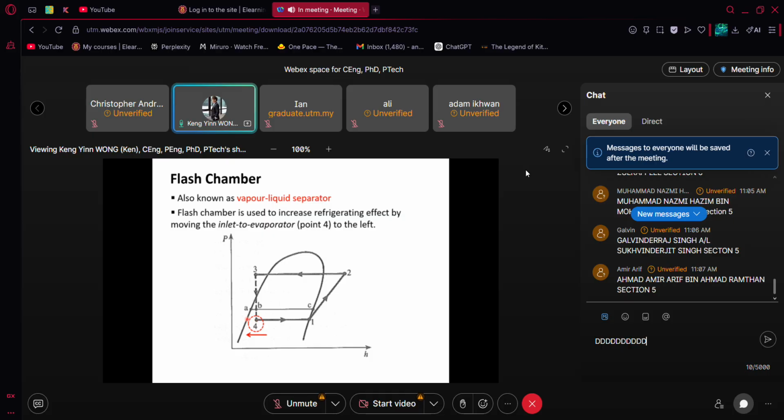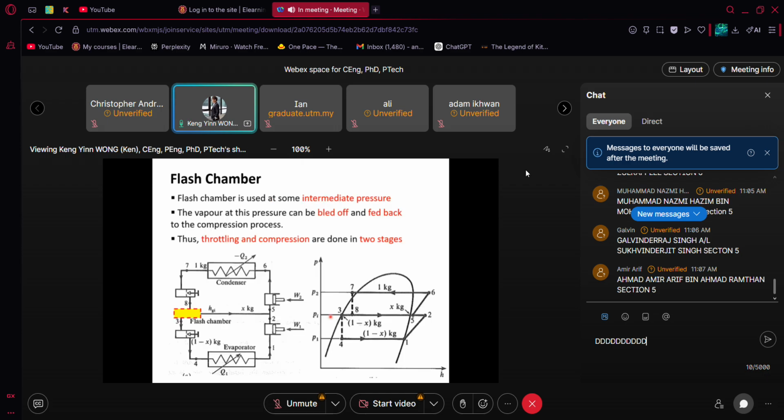When it moves to the left, the refrigerating effect increases. You can see here, the yellow one is the flash chamber. If without the flash chamber, it moves down here. Can you see that, everyone? I repeat again, if you don't use the flash chamber, then it will directly go from 7 and drop down to 4 prime.